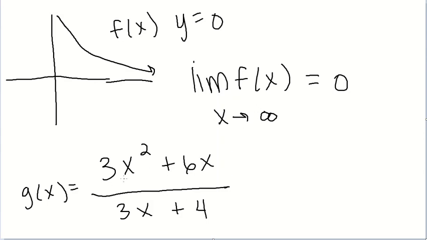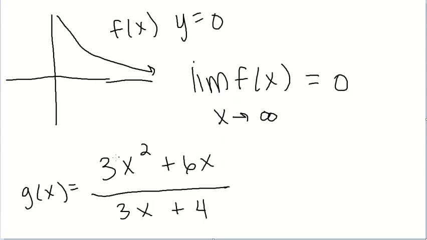And so when we think about it, if we're thinking about end behavior, we're thinking about x values being really big. So okay, let's look at the top here. Between these two terms, this 3x squared and this 6x, if x is really big, which term on top do we think is going to have more of an impact on the y values of this function?